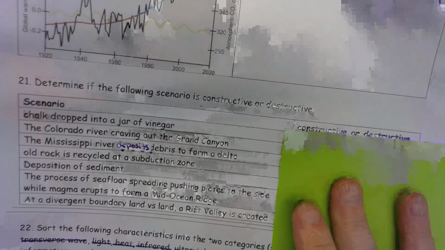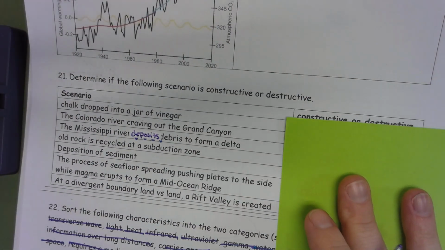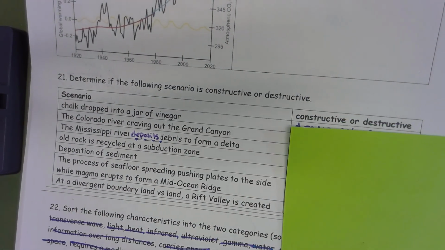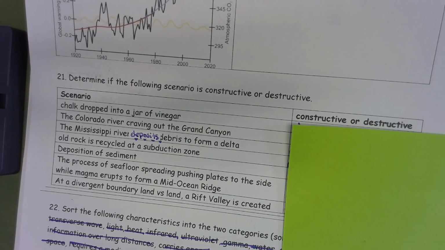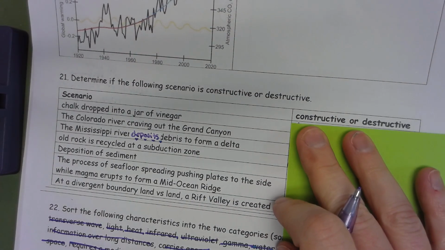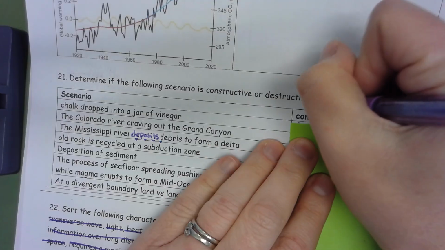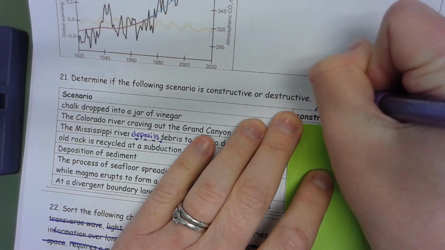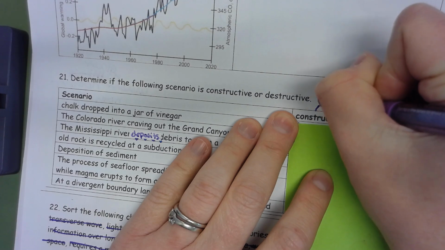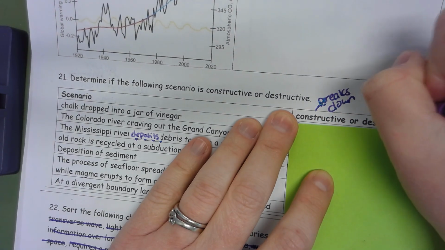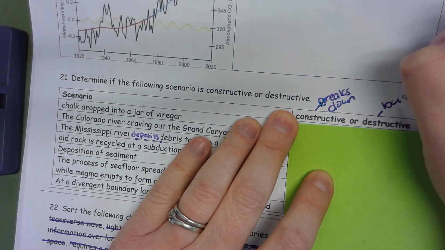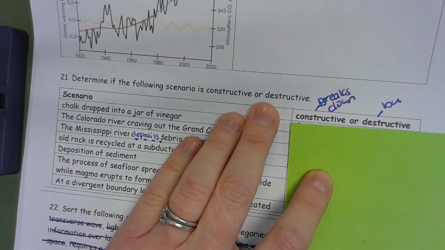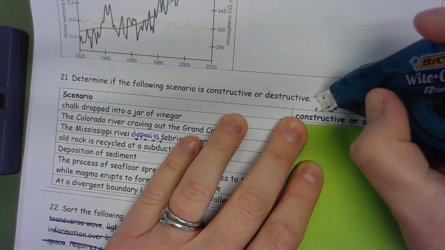Okay, the next one. Is a scenario constructive or destructive? Chalk dropped into a jar of vinegar. Remember, constructive breaks down plate, and destructive builds up. Oh! Just don't tell Miss Pennington.